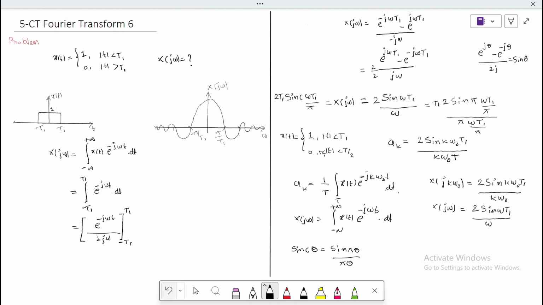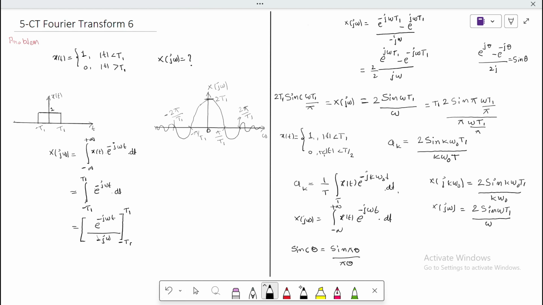The second one is 2 pi by t1, and this is minus 2 pi by t1. This magnitude equals 2 t1 at 0. So this is the sinc function.